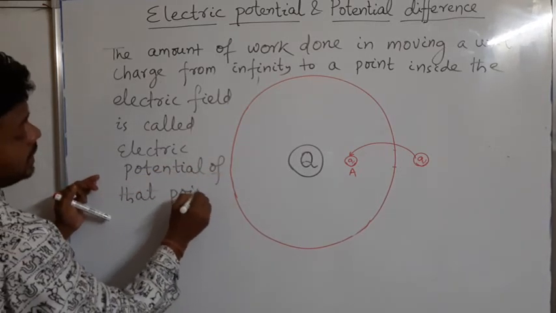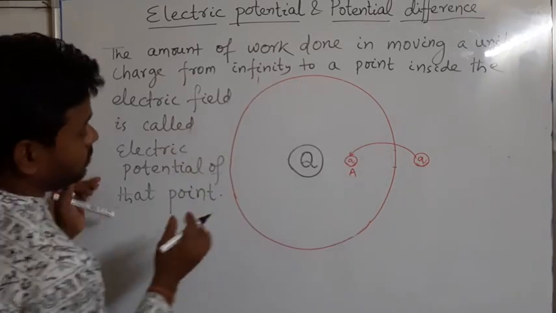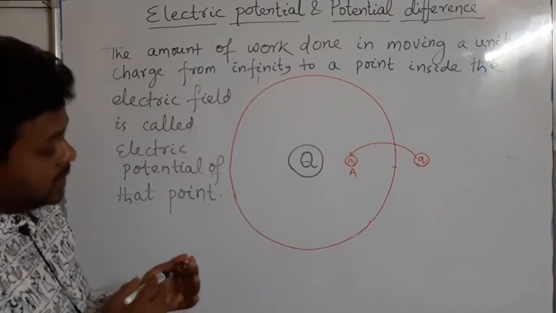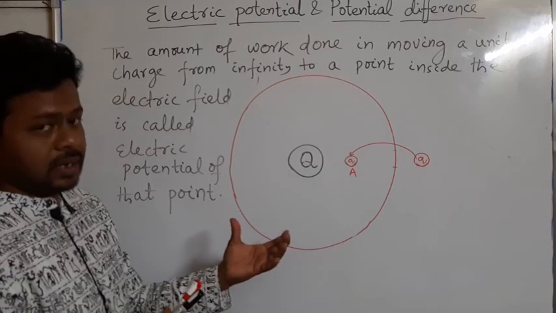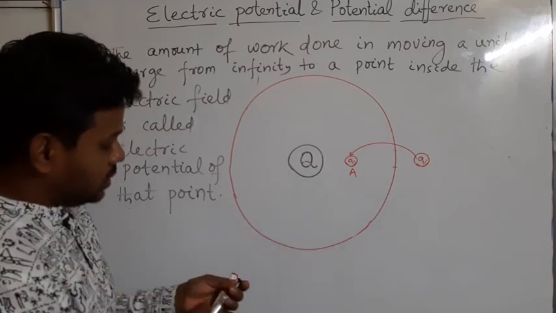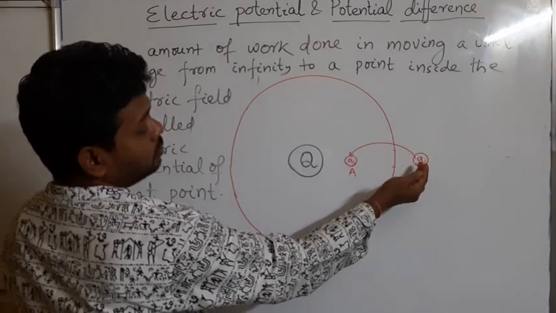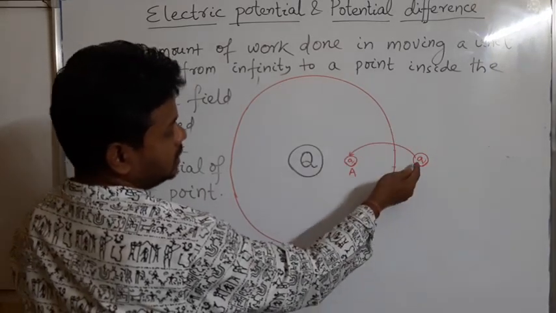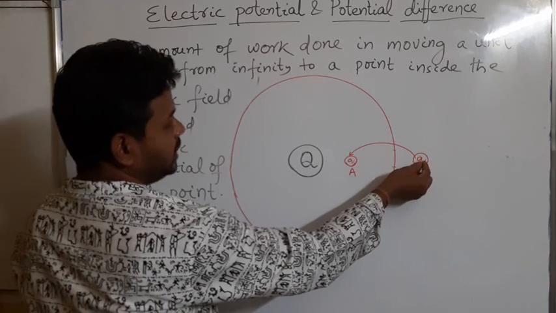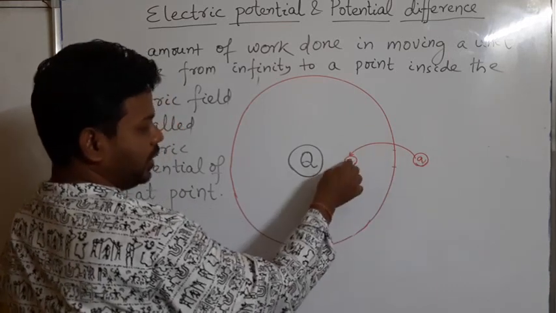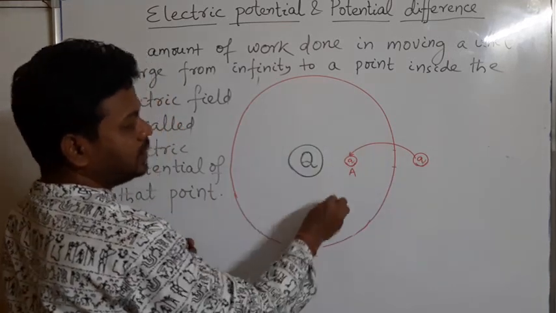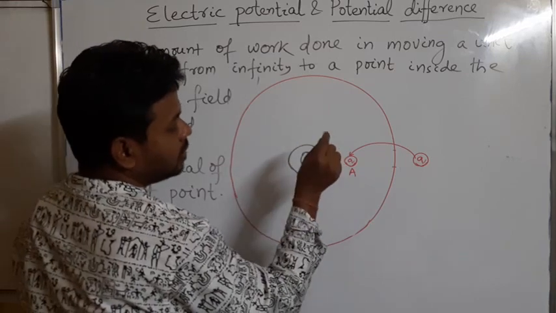It means every point in the electric field has a certain electric potential. As I have told, this point is A. So whatever the amount of work done in bringing the unit charge from infinity to point A will be the electric potential of A.